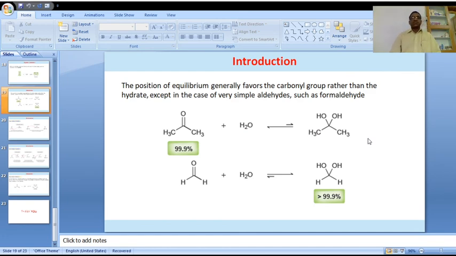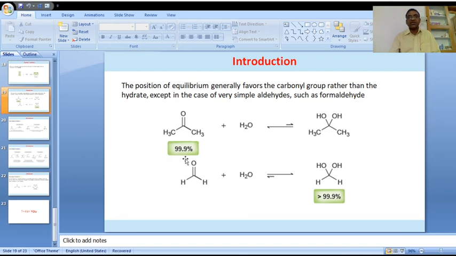The position of equilibrium generally favors the carbonyl group rather than the hydrate, except in the case of very simple aldehydes such as formaldehyde. Generally, hydrate formation is not favored for carbonyl functional groups.